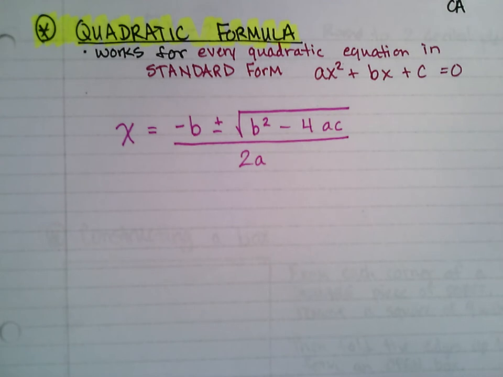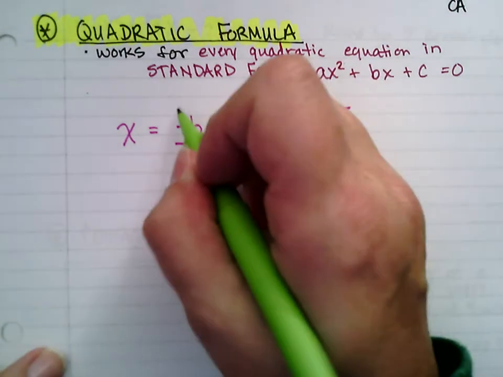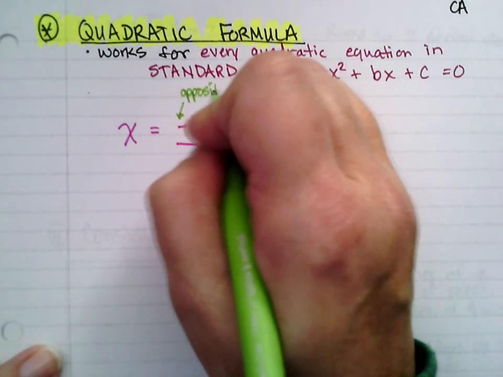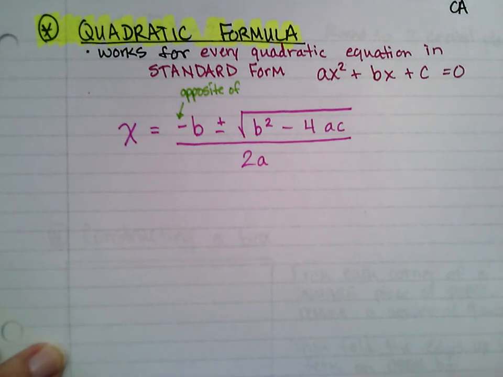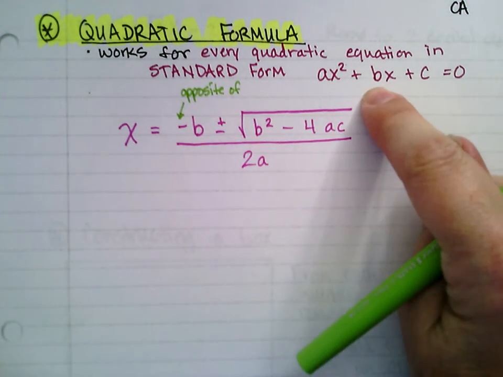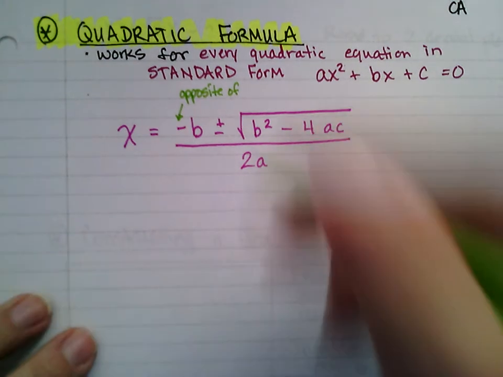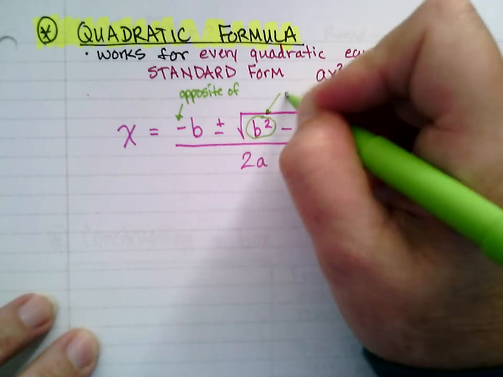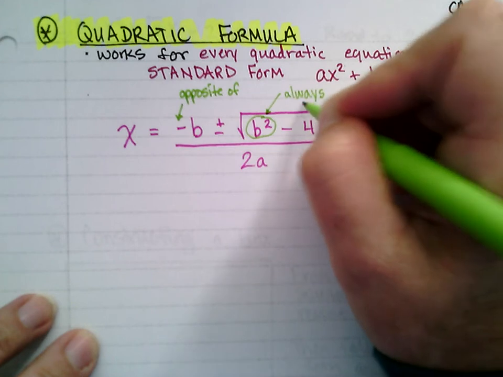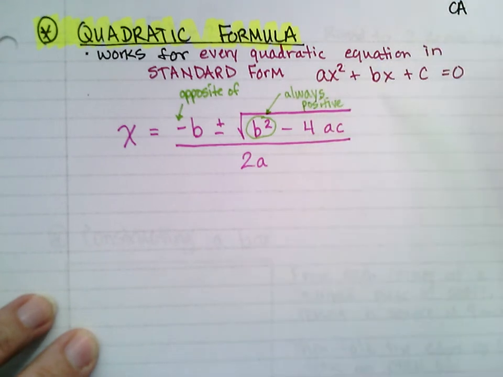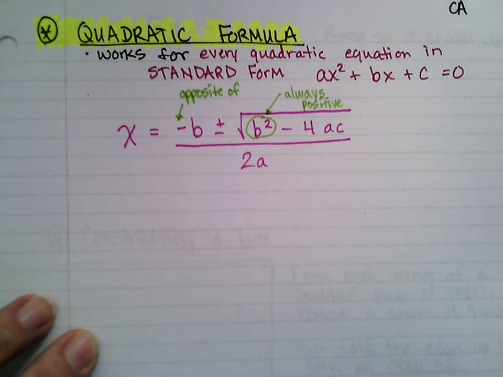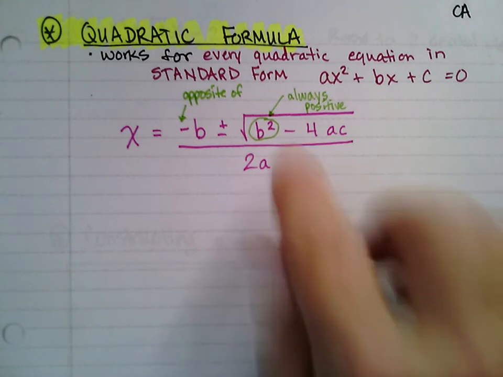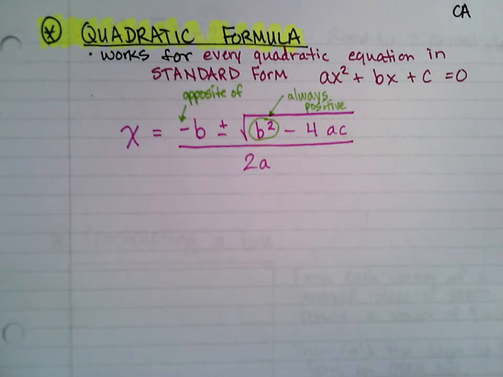So one of a few things that I want you to keep in mind is that this right here is not negative. It means the opposite of b. So if b is positive, it will be negative, but if b was negative, that would be positive. This b squared here, being a squared thing, is always going to be positive. And when you are simplifying that b squared minus 4ac, do you guys remember what that's called?